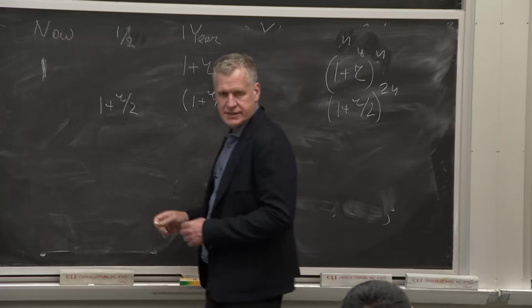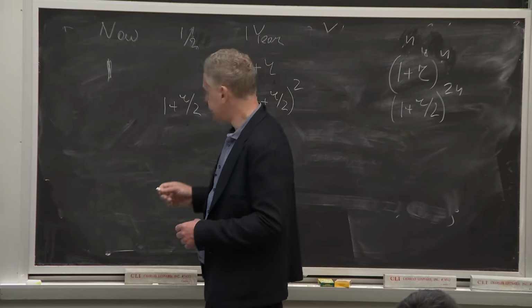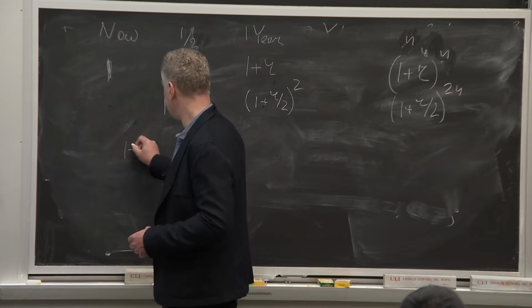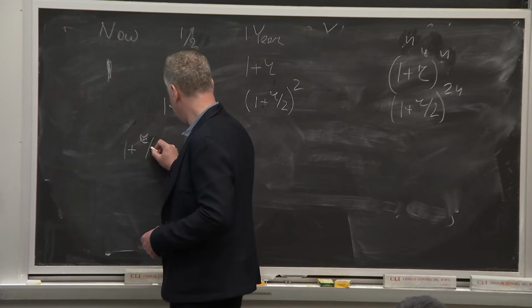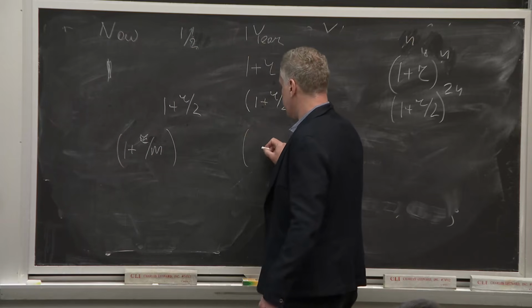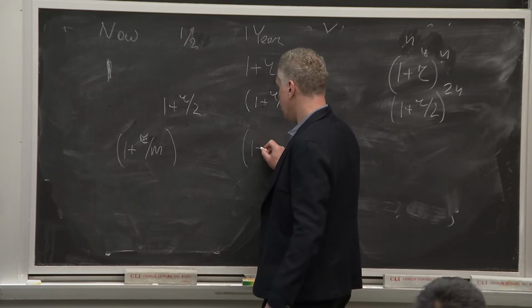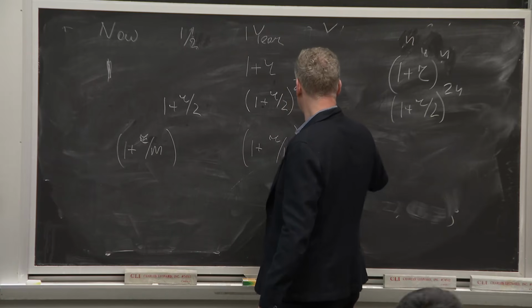Okay, let's subdivide further. Let's make m periods. So in the first period, you get 1 plus R over m. In 1 year, it will be 1 plus R over m to the power m.